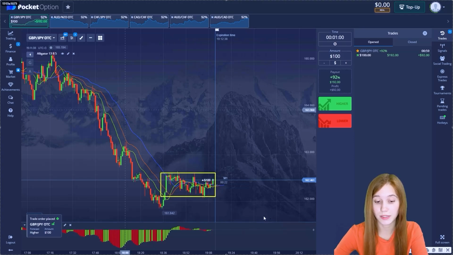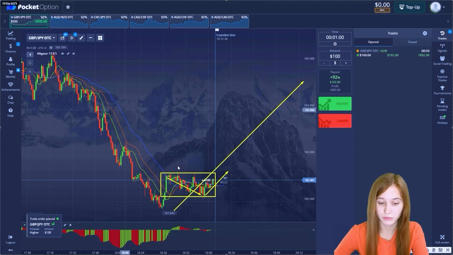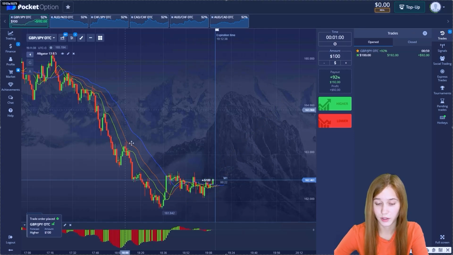At the moment it went down to the last zone of ours, so perhaps this will be a global trend change. Some intersection, 2 lines cross, and all 3 moving averages are directed upward.